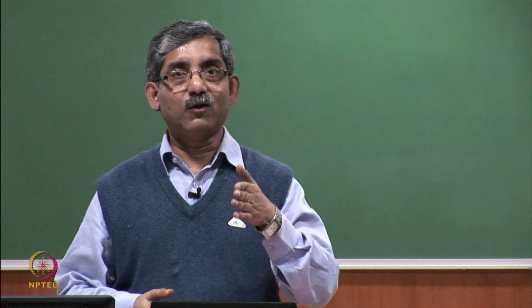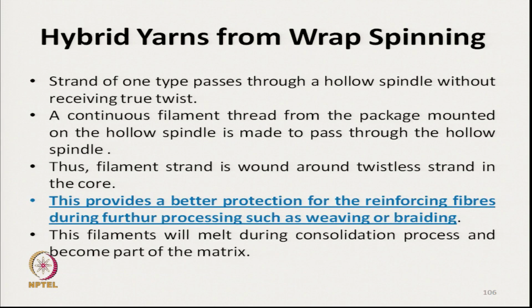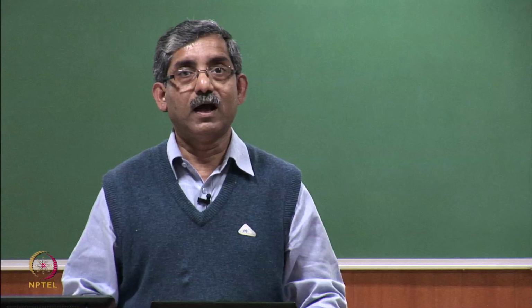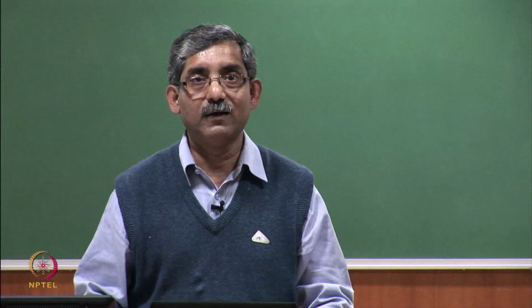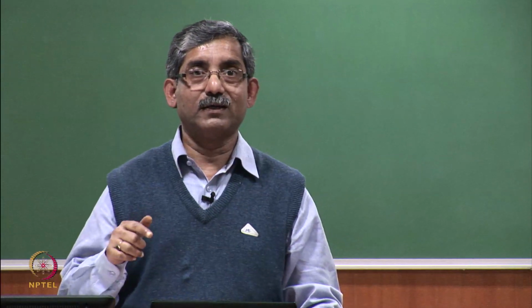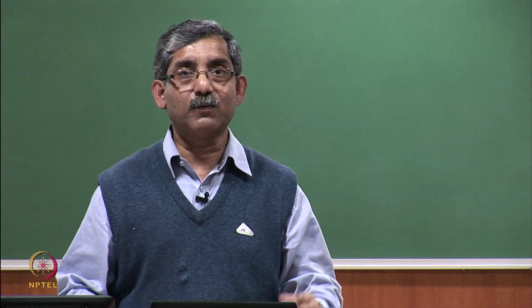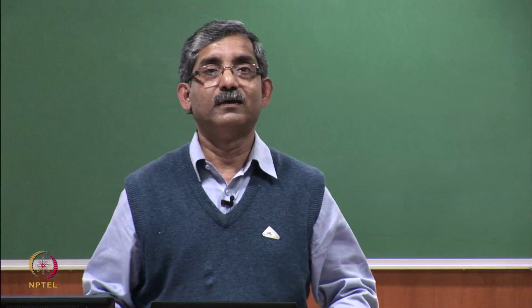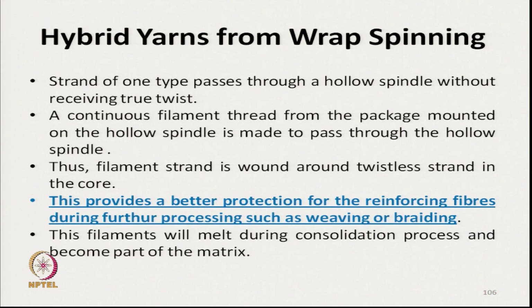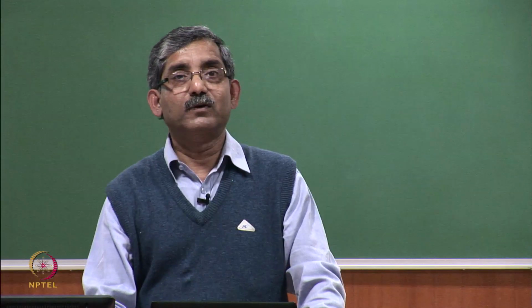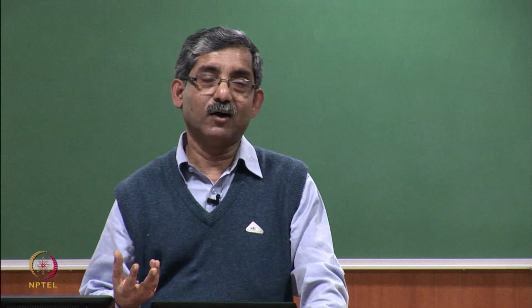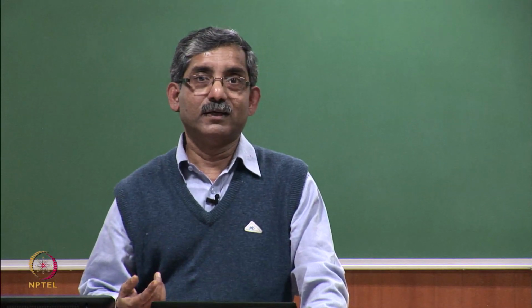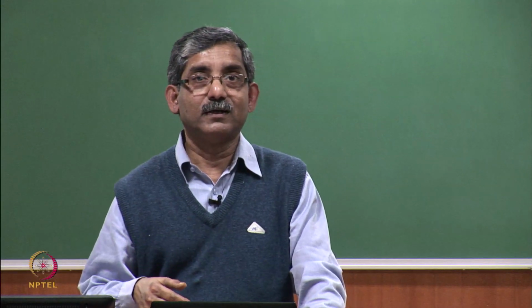Suppose we want to produce the carbon filament with the polypropylene. So, carbon continuous filament will be mounted on a hollow spindle, and it will be allowed to pass through the hollow spindle, and around that say polypropylene thermoplastic filament will be wrapped, and this wrapping, in addition to the formation of core and sheath of thermoplastic, provides protection.